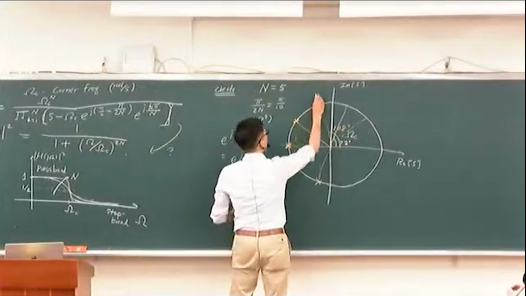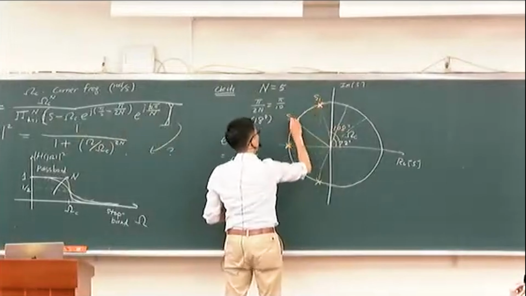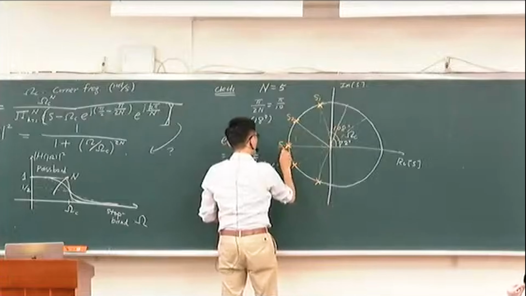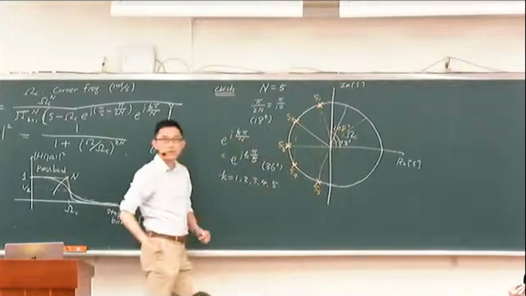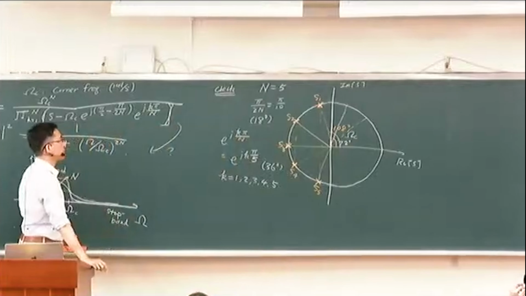So you can even give them a name, S1, S2, S3, S4, S5. Okay, complex numbers on the S plane, 5 of them.